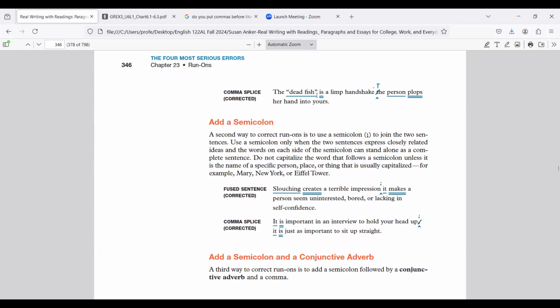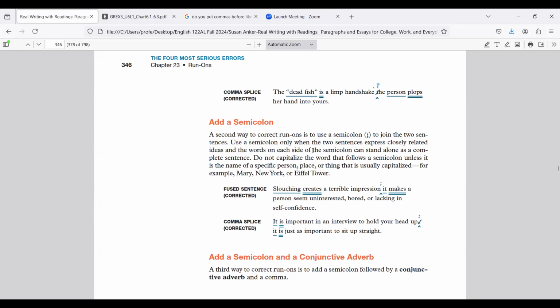This is the subject, this is the verb, and this is a complete idea. The person plops her hand into yours. And then we see that the sentence is going to start here because our subject is here. We just have an article that goes with this and modifies this subject. A verb and complete idea. All right.